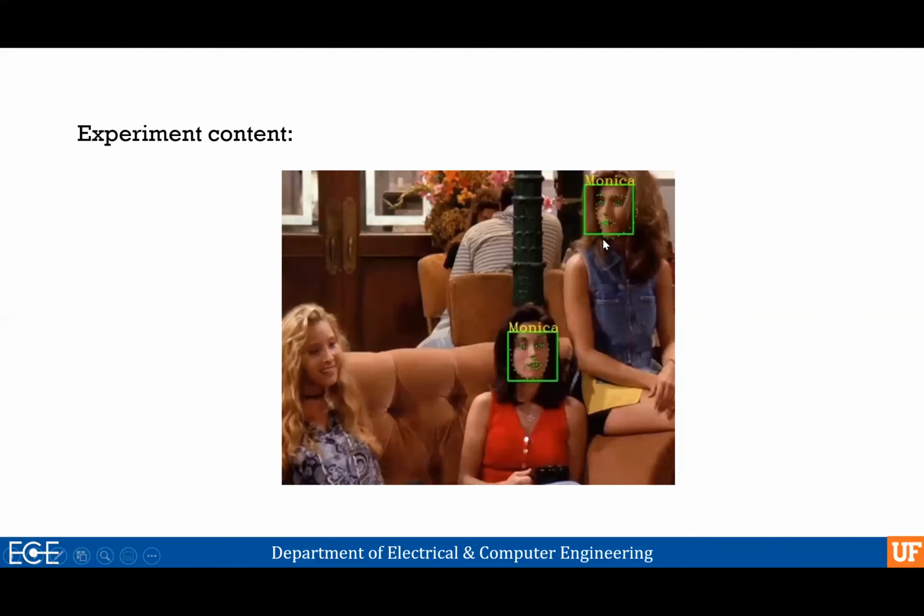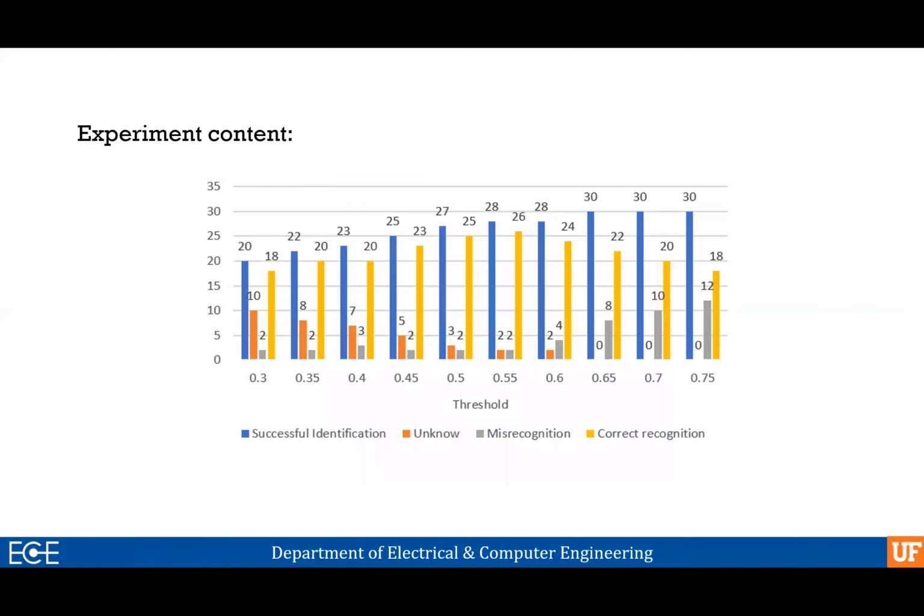Of course, the recognition accuracy of our model is not 100%. The threshold value also affects the recognition of the face in the recognition process. If the threshold value is large, there will be many successful detections, but the accuracy of recognition will be reduced. We recorded the results by varying different recognition thresholds for the images 30 times.